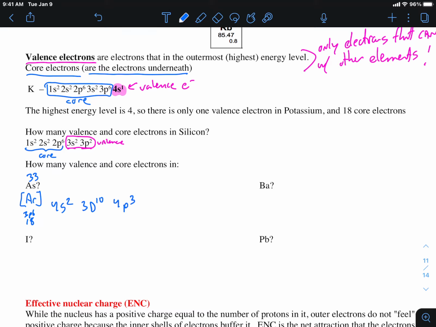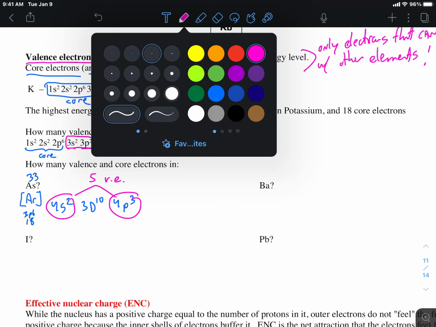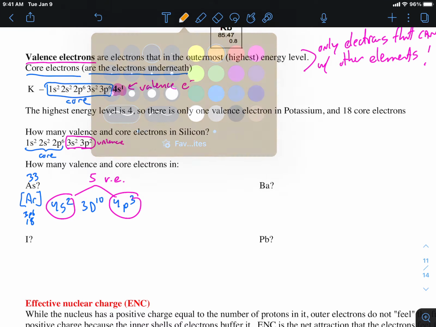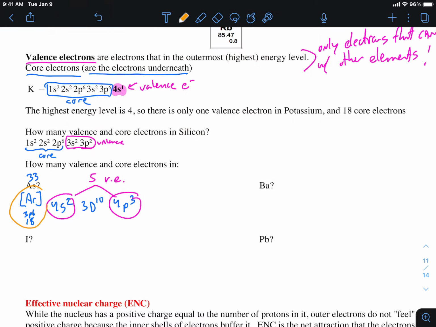What is the highest energy level you see? 4. So that means there are 5 valence electrons: the 2 in the S and the 3 in the P. If those are the valence electrons, the rest are not valence electrons, so those would be called the core.